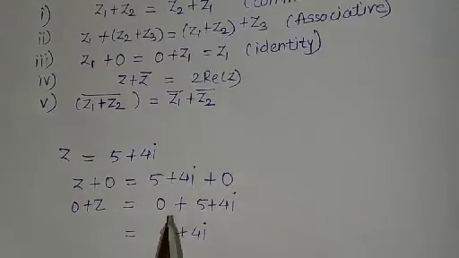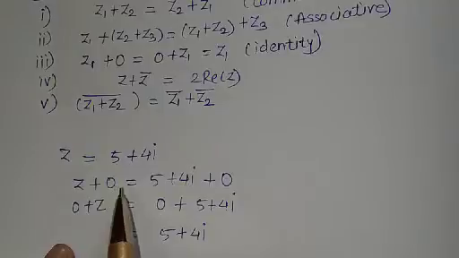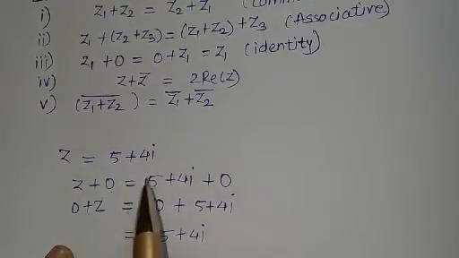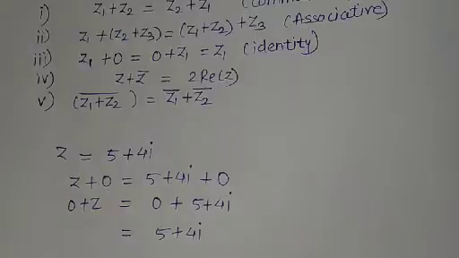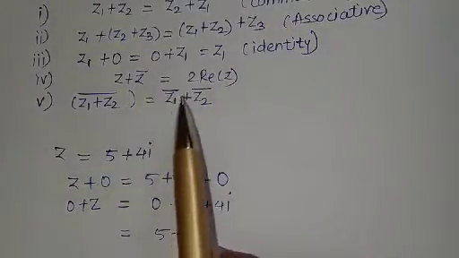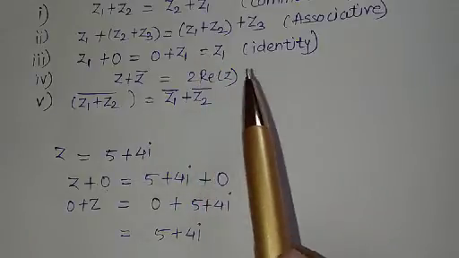So any number added with 0 is equal to the original number. You can simplify or verify the remaining properties by taking any example of complex number.